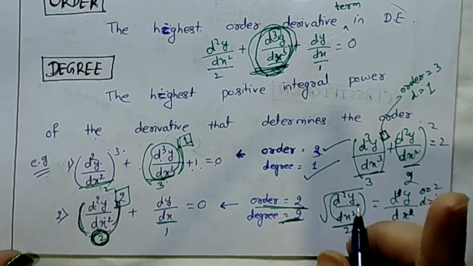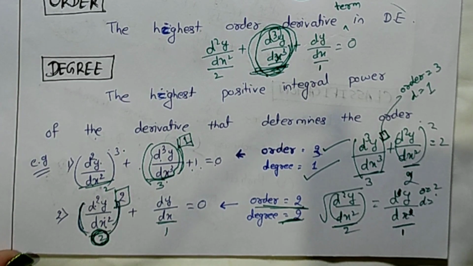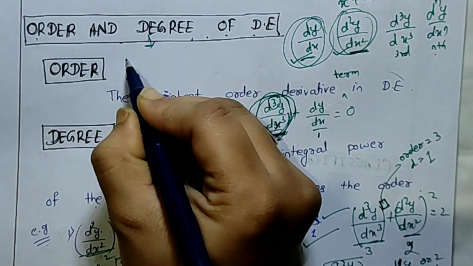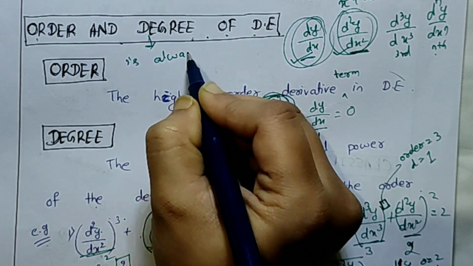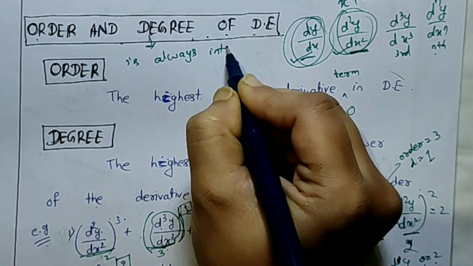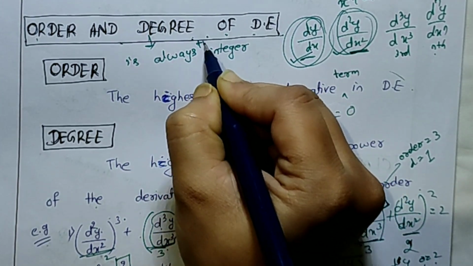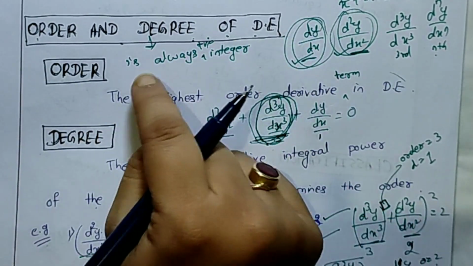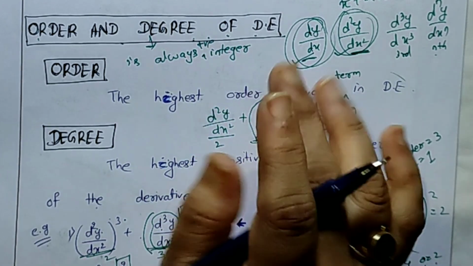No, I can't write degree as 1 by 2, because the order and degree of a differential equation are always integers. And which type of integer? Positive integer.